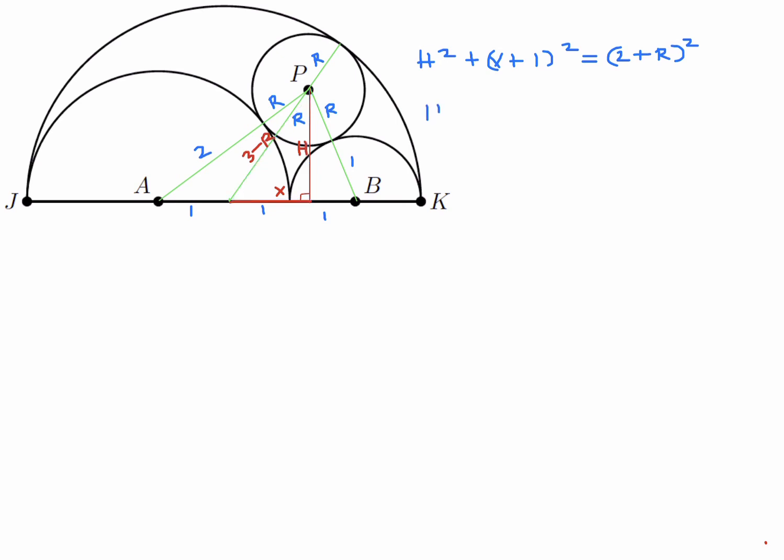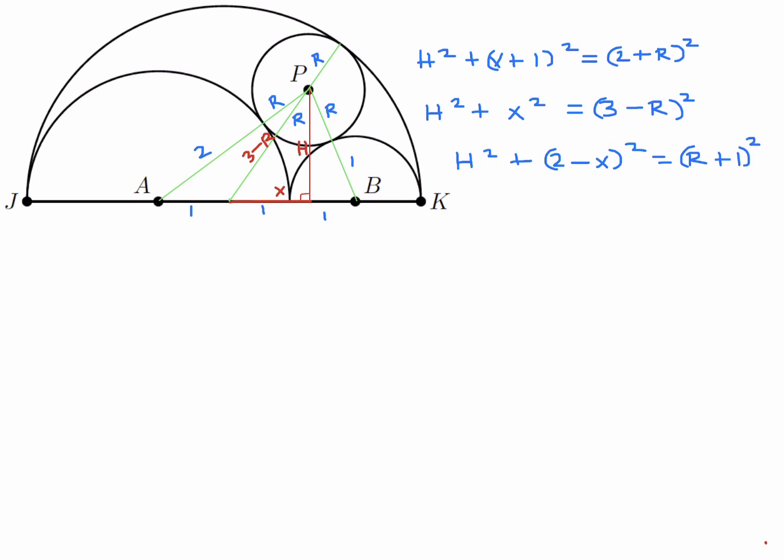That gives me h squared plus x squared is equal to (3 minus r) squared. And the third and final one is that triangle, and that's h squared plus this distance, which is not 1, it's 2 minus x, so (2 minus x) squared is equal to the hypotenuse, which is (r plus 1) squared.